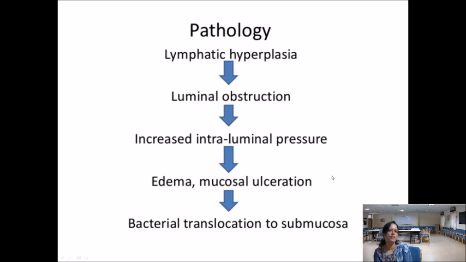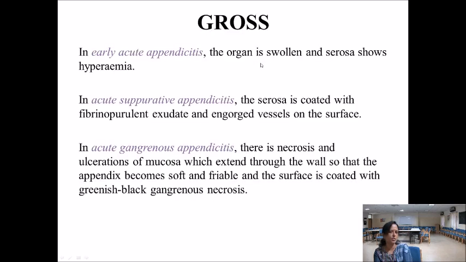So gross appearance, how will it be? All features of acute appendicitis. So you have learned the cardinal signs of acute inflammation: calor, rubor, dolor, tumor, functio laesa.